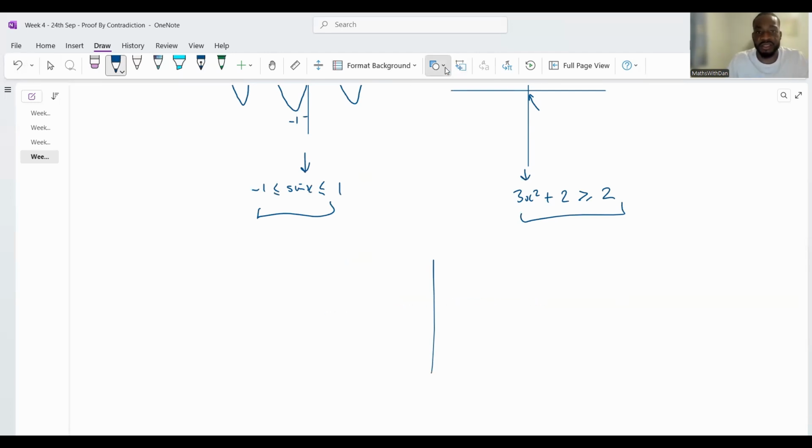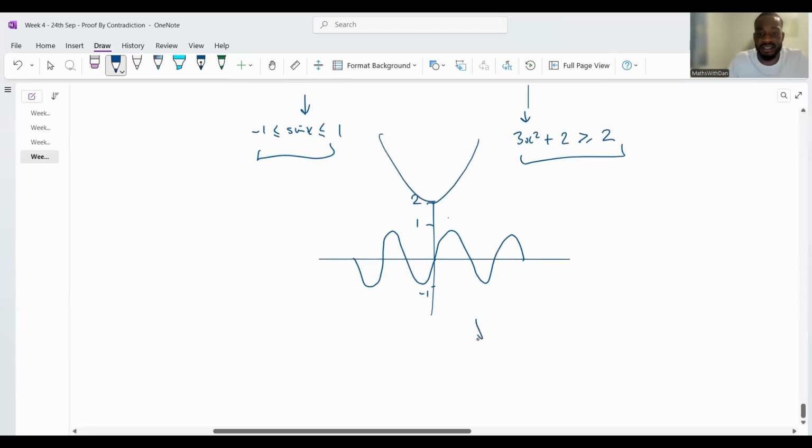That is 1. That's -1. The quadratic is up there. That's 2. It's like that. They never intersect. Sine x and 3x squared plus 2 never intersect.